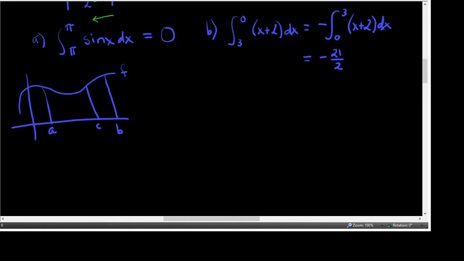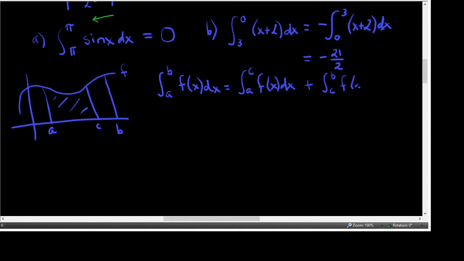Well, would it make sense to say that the total area from a to b of f of x dx, couldn't I say that that's going to be the area from a to c of f of x dx, which is this part of it right here, plus the integral from c to b of f of x dx?